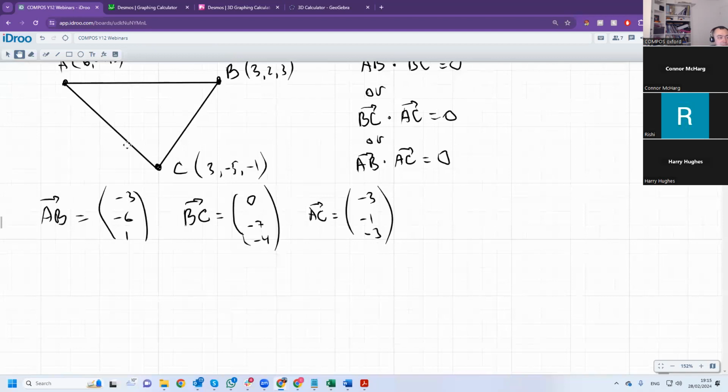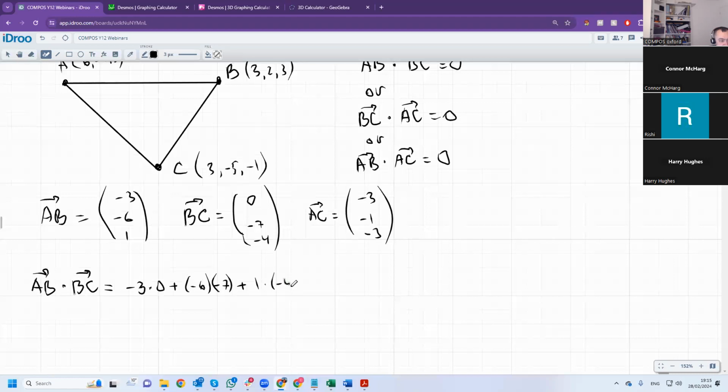And now we check the dot products. So AB multiplied by BC is equal to minus 3 times 0 plus minus 6 times minus 7 plus 1 times minus 4. That's not equal to 0. I don't even need to calculate it, but it's not equal to 0.